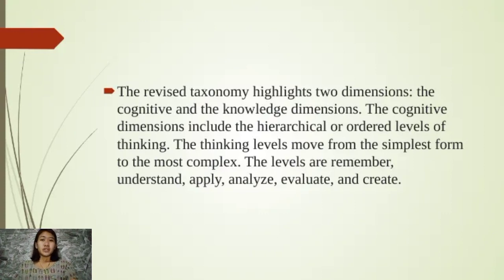Okay. So the revised taxonomy highlights two dimensions, the cognitive and the knowledge dimensions. The cognitive dimensions include the hierarchical or ordered levels of thinking. The thinking levels move from the simplest form to the most complex.